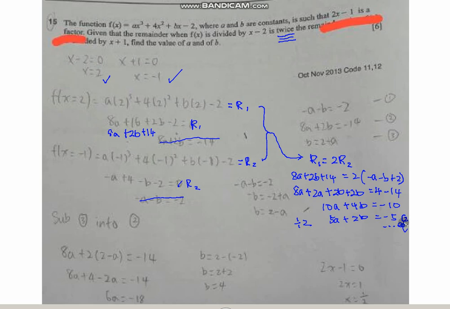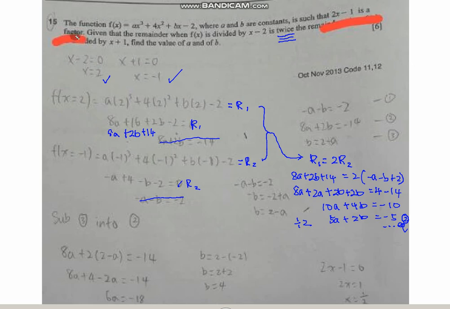That is your equation 2. Actually, where is equation number 1? Equation number 1 is from here, the first sentence. Now if you see here, he says that it is a factor.